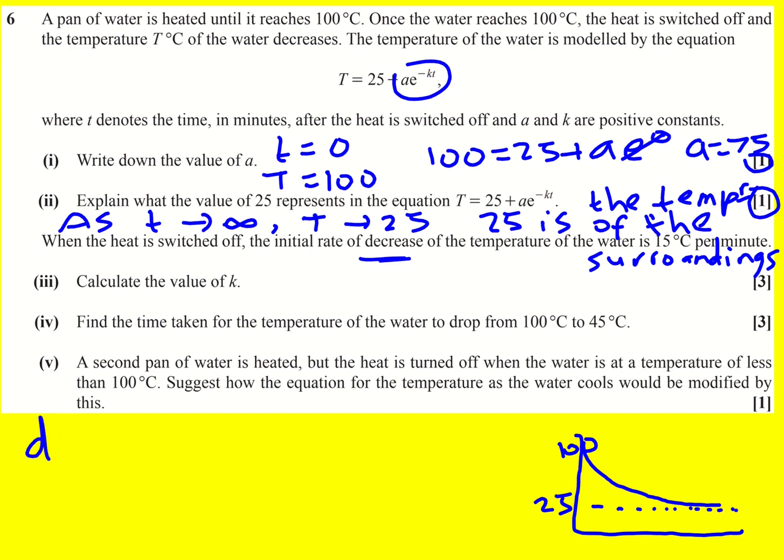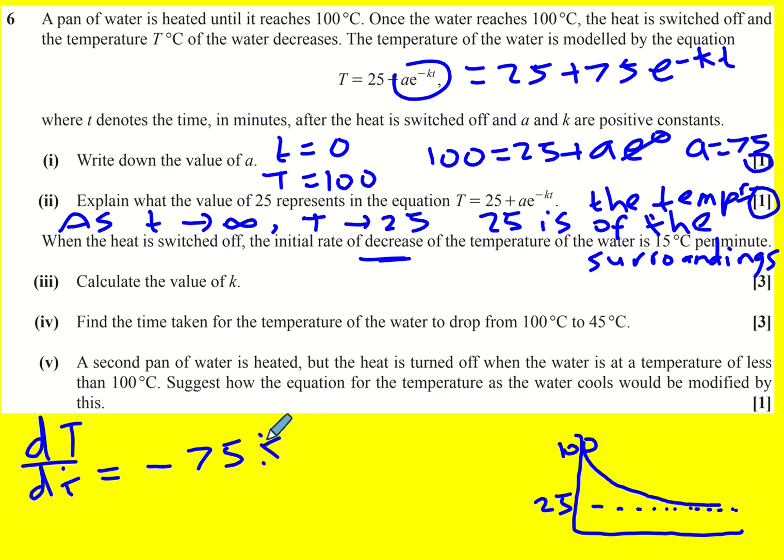So I have that dT by dt is going to equal, now let's update this equation, we've got 25 plus 75 e to the minus kt. So when I differentiate, I'm going to get minus 75k e to the minus kt. That's my general rate of decrease.